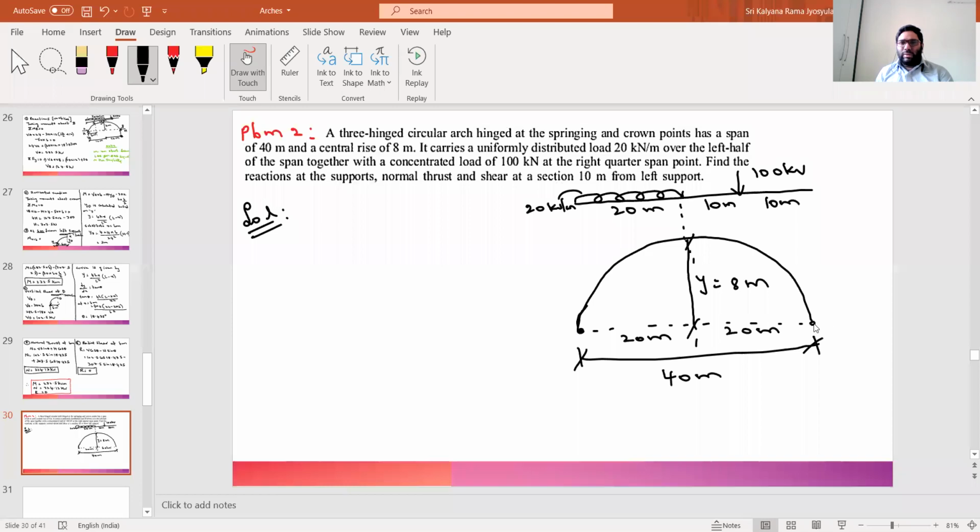This is one hinge, this is one hinge, this is one hinge: A, B, C. So this is the question.